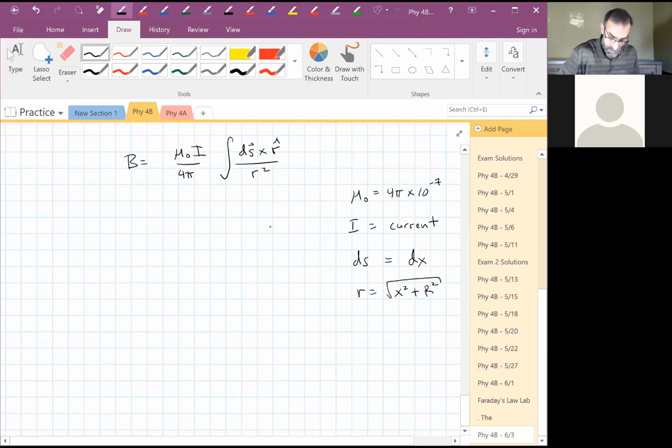Okay, where are we? So we don't have just an R, we have a ds cross r hat. ds cross r hat, what is that? Well, a cross product is the magnitude of the first vector times the magnitude of the second vector times the sine of the angle you get when you put their tails together.